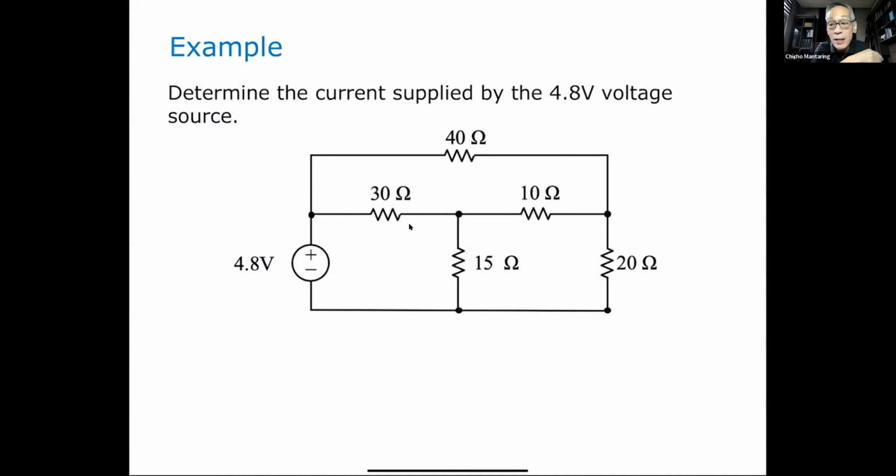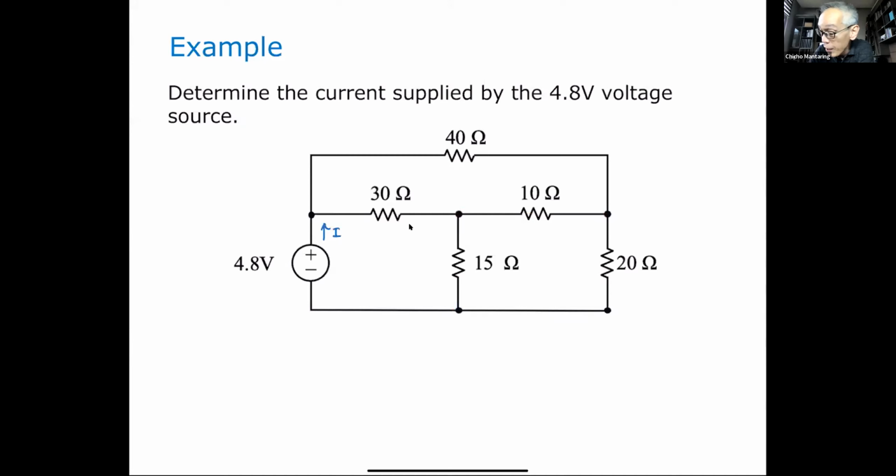So does that mean that I cannot simplify this? Because remember, the only thing I'm looking for here is the current supplied by the 4.8 volt voltage source. So this is my only unknown.